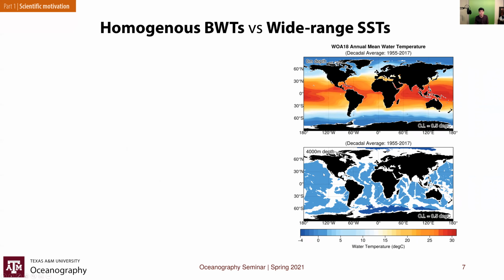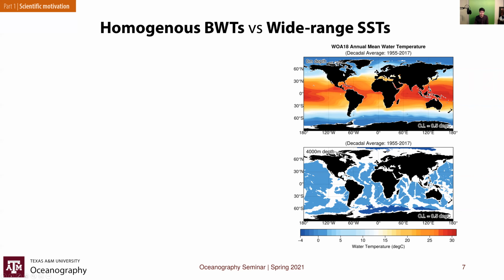So that's when the other proxy comes into play here. As we mentioned already, our deep ocean, as you can see from this map, the lower panel here is the temperature map of the seawater at a depth of 4,000 meters, and it's pretty homogeneous. Even though you collected your samples from the lower latitudes, like from the tropics, it's still in the water masses that were produced from the higher latitudes.